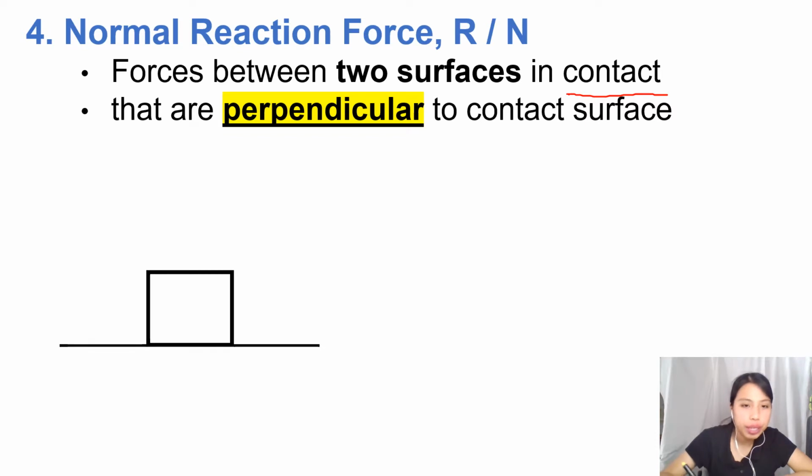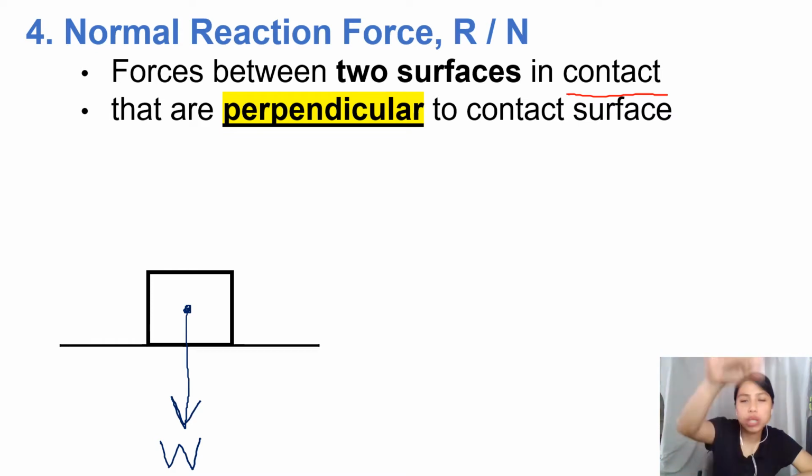For example, here we have a box on a table. We have a gravitational force pulling the box down. That's called W, the weight, the gravitational force we looked at earlier. Then, how come this box doesn't fall through the table? What is preventing it from doing that?